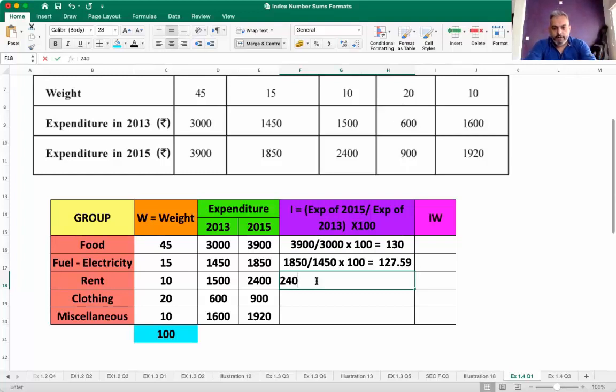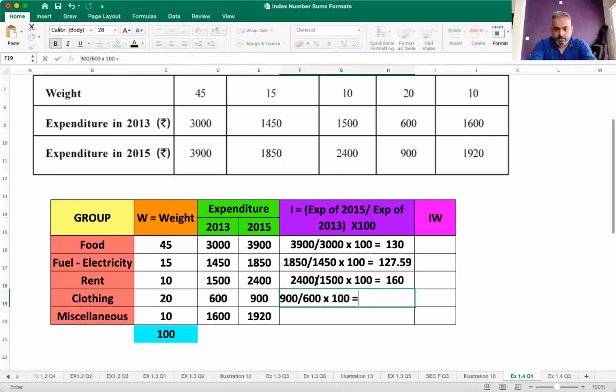Next, 2,400 divided by 1,500 into 100, 160. 900 divided by 600 into 100, 150. And 1920 divided by 1,600 into 100, 120.